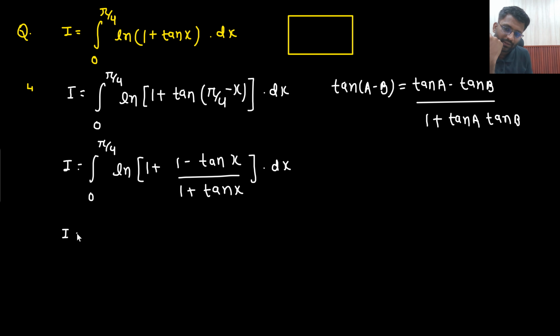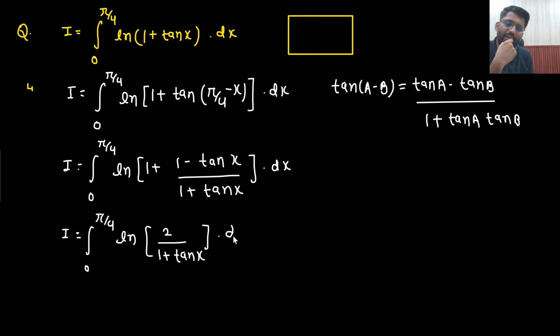What you are getting? I from 0 to pi by 4 ln, this will become 1 plus tan x, 1 minus tan x, so divided by 1 plus tan x plus 1 minus tan x, so tan x get cancelled out, 2 by 1 plus tan x dot dx, right? 0 to pi by 4.